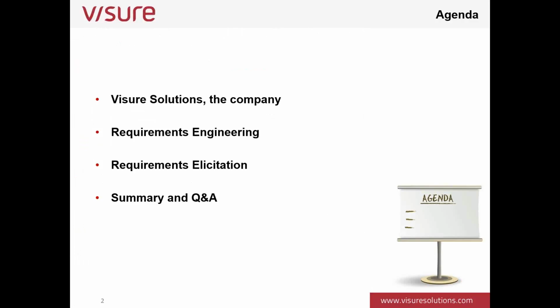Some of you may have realized that the title of the webinar was requirements management, but now I'm talking about requirements engineering. In fact, a proper title should be requirements engineering more than requirements management, because requirements engineering covers the gathering of the requirements, the different stages: analysis, specification, validation or verification of those requirements, and so on.